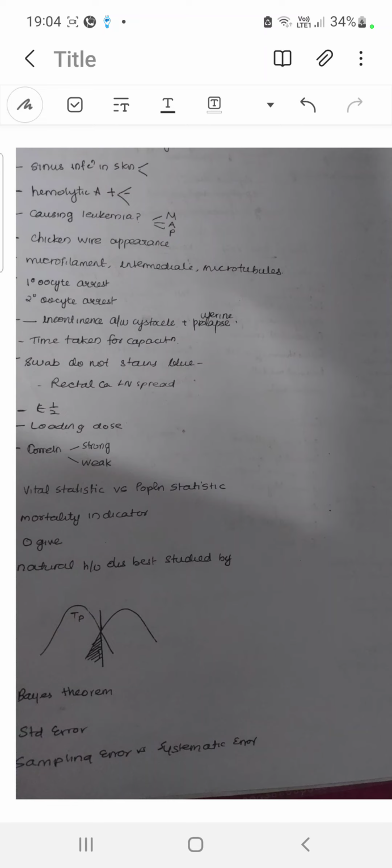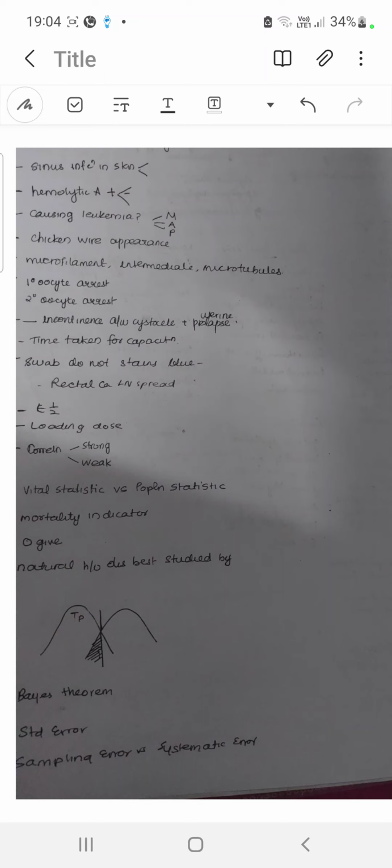Half-life equation: you know clearance is liter per minute, so clearance is inversely related to half-life, but it's not that half-life is equal to clearance. There is a constant, 0.693 into VD by clearance.